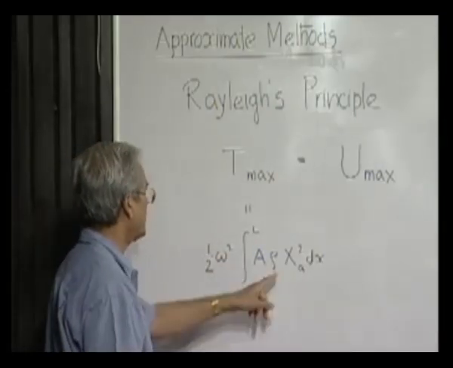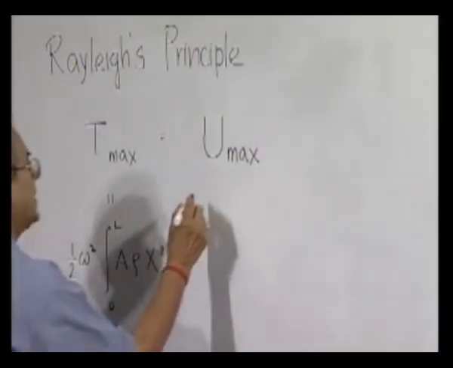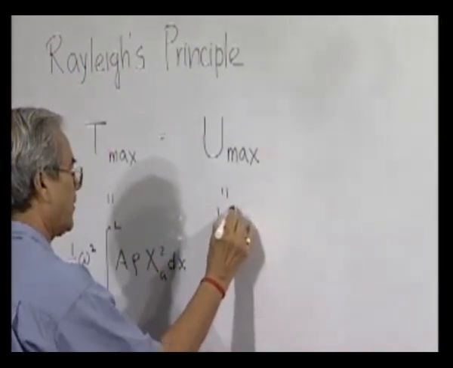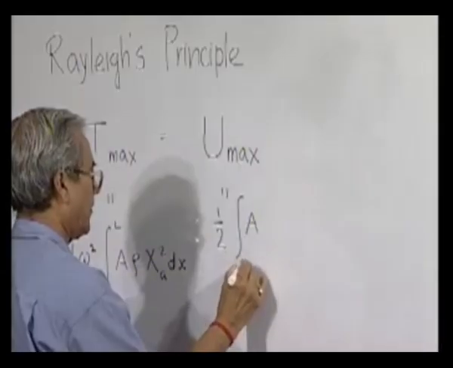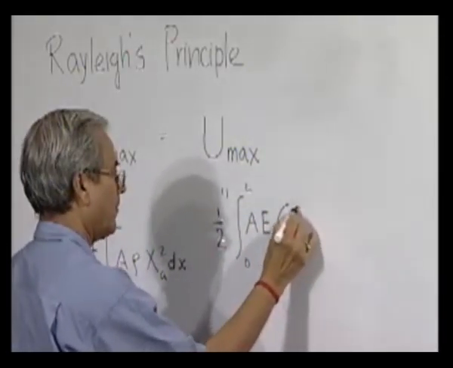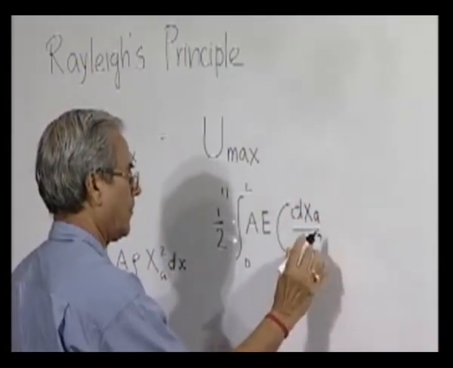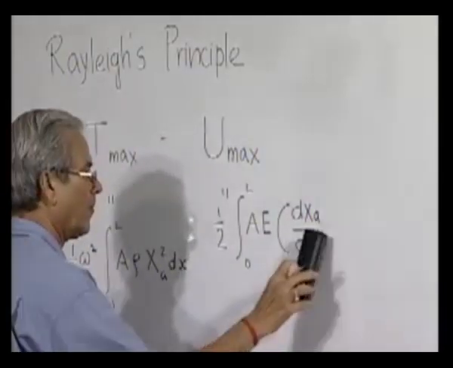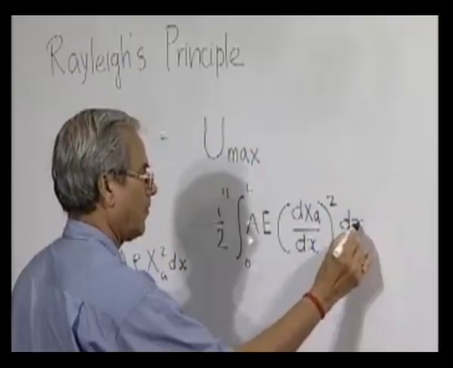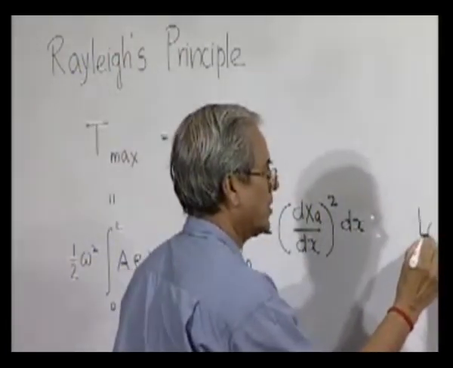can be expressed like this, where Xa is the assumed deformation shape or mode shape, in case of longitudinal oscillation.